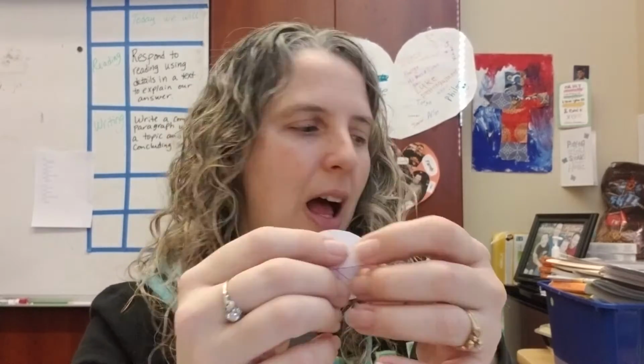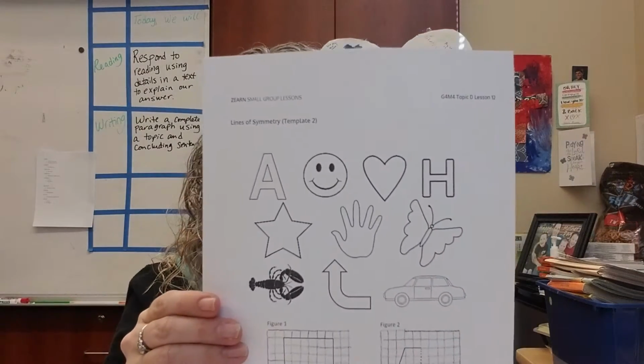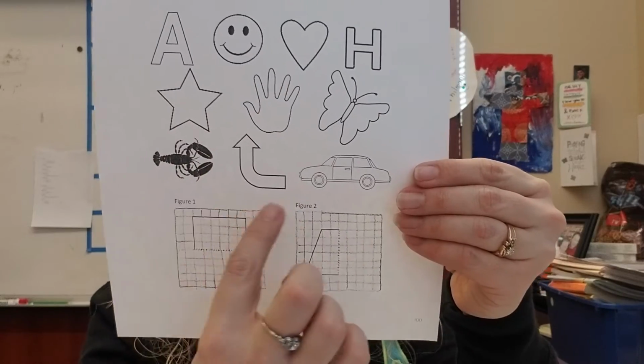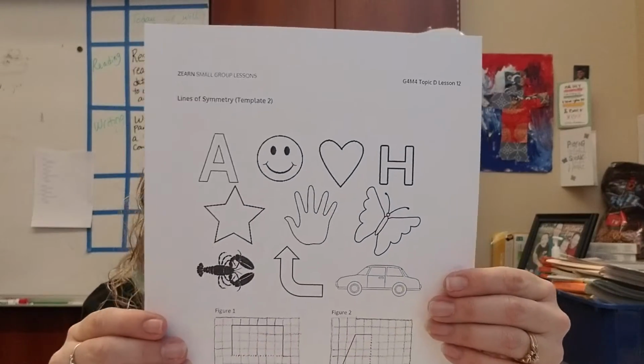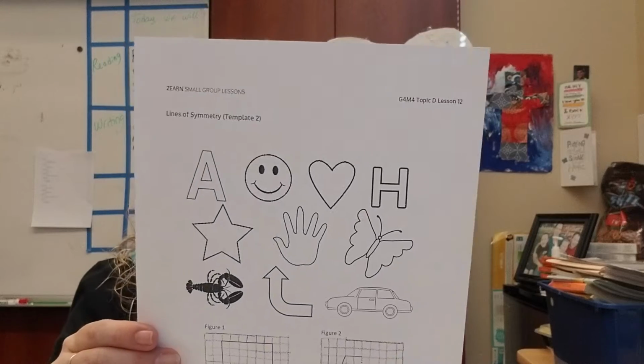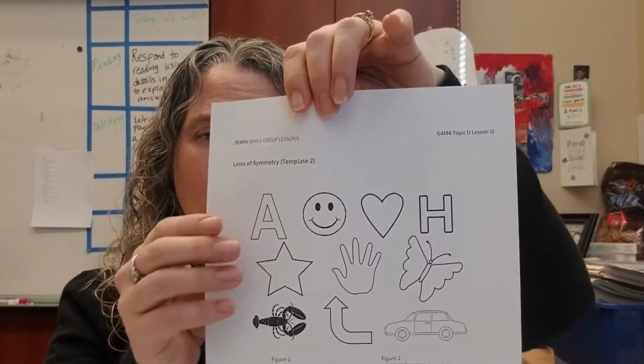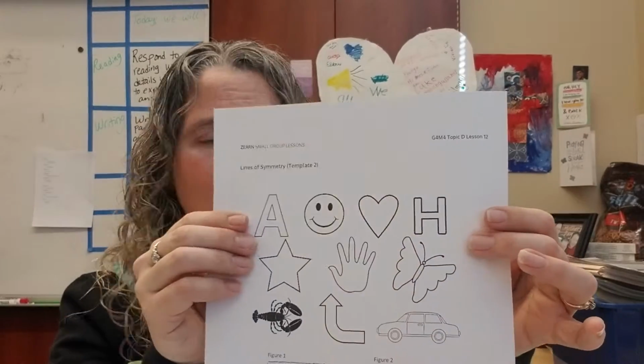All right, so what I want you to do is with your partner, get this paper. You're only going to be looking at these top parts. Once you see figure 1, figure 2, don't do anything with those. With your partner, check and see. You can fold if you need to. You're not going to cut them out.